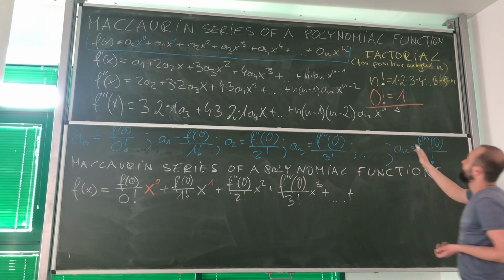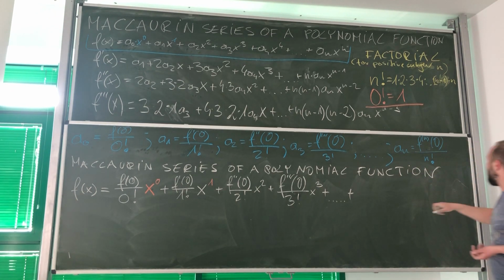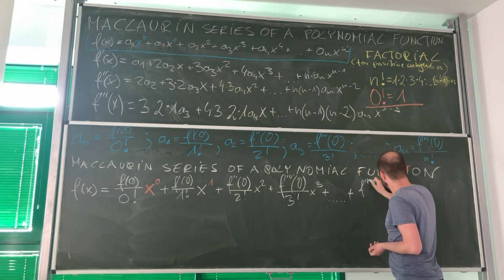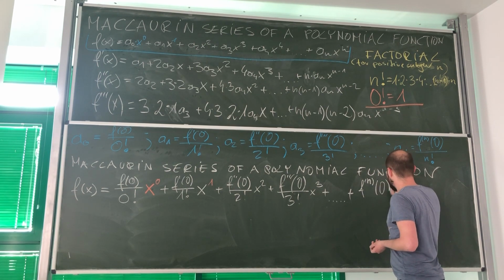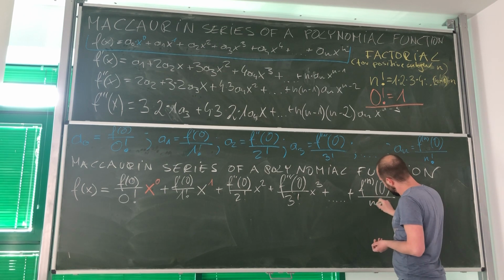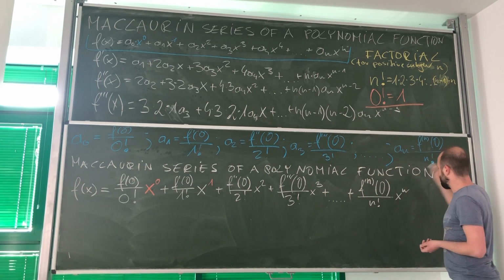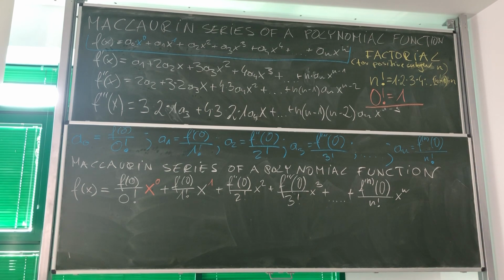So instead of an, we write the nth derivative evaluated at 0 divided by n factorial times x to the power of n.